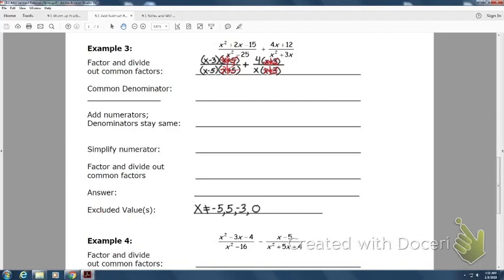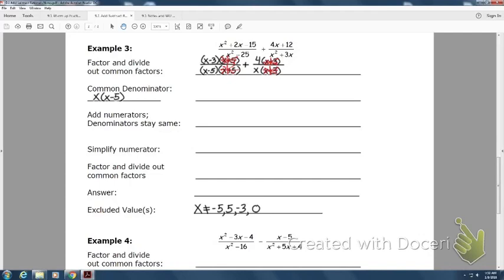Okay. Spencer, what would my common denominator be? x minus 5, x plus 5. We canceled out the x plus 5. x minus 5 into x. x times x minus 5. So that's what we want to get it to.